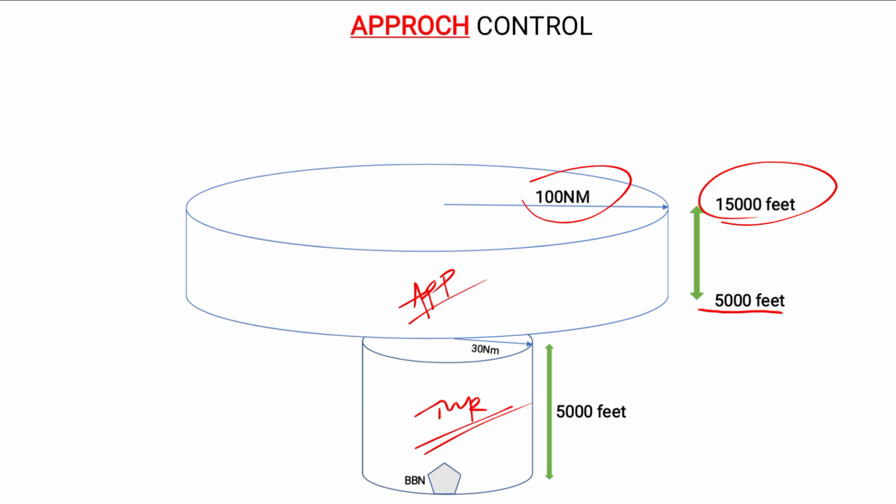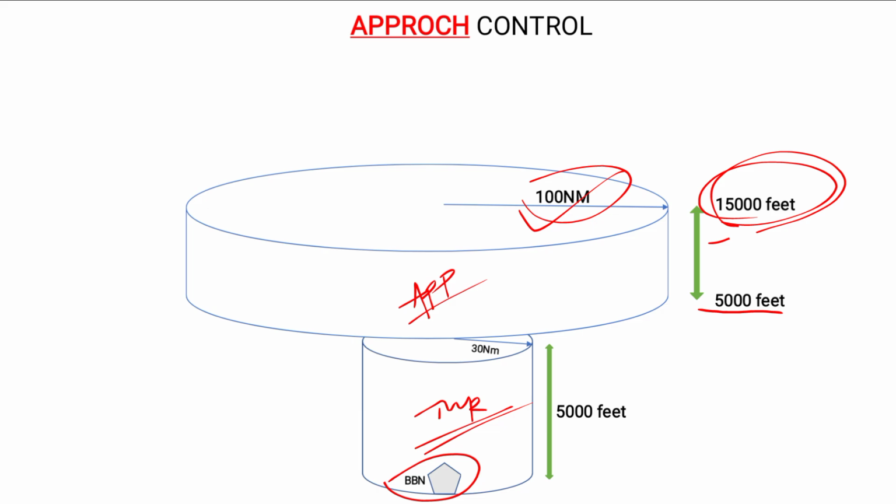That means if you are within 15,000 feet and within 100 nautical miles of this VOR Bravo November, then your controller is Varanasi approach. For any movement or maneuvering, you need to call Varanasi approach.